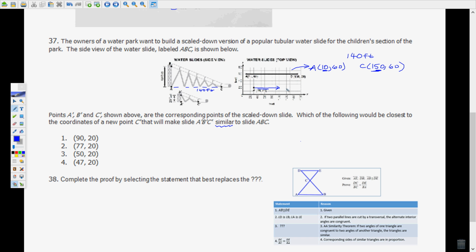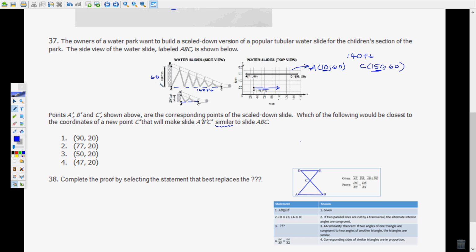And then we just need to figure out what the length is of this base of A prime, B prime, C prime. We also know that this height of A prime, B prime is 20, and this height of the water slide is 60 feet.